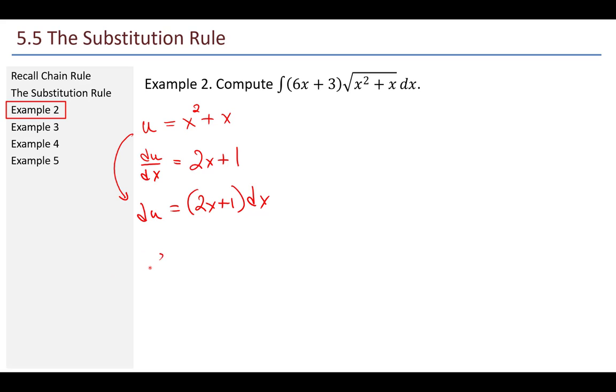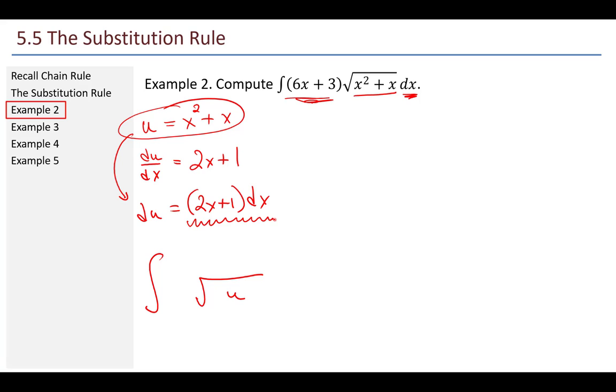So for the u part, that's pretty easy. I have a square root of u in there. But there are some other things floating around. I still have that 6x plus 3, and I have the dx to worry about. I'd like to see a 2x plus 1 dx. I don't quite see that, do I? Well, maybe.